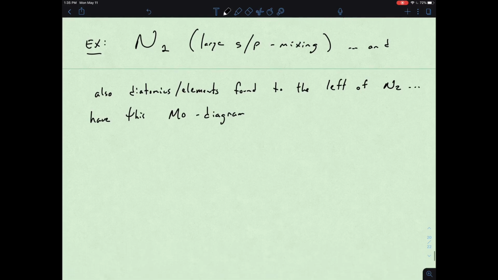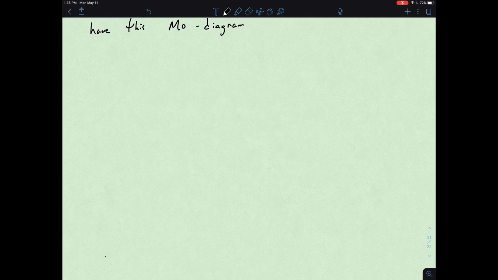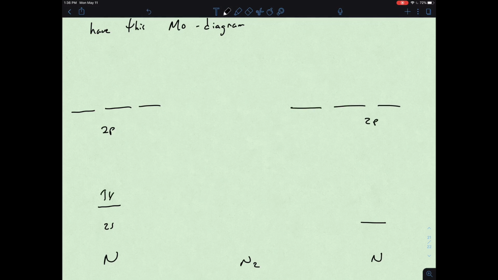So when looking at nitrogen, I'm going to have to make a lot more room here. We're looking at nitrogen, N2, in the middle. If we look at the valence shell, we have our 2s and we have our 2p. Nitrogen has 5 valence electrons, so we have 2 in the 2s, and then we have 3 in the 2p.